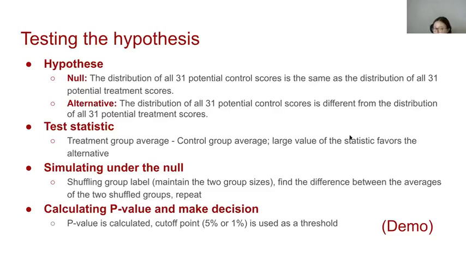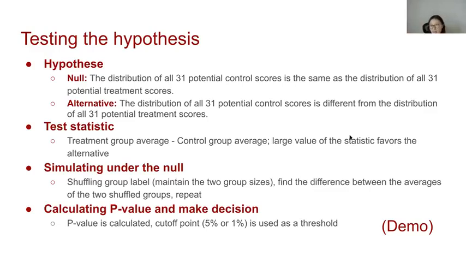Whereas here, when we're doing an experiment, we have 31 observations in total, and we were supposed to randomly select them into two different groups. So because of that, we are framing our null hypothesis in this particular way: if we imagine all of the 31, they are either potential control scores or potential treatment scores.